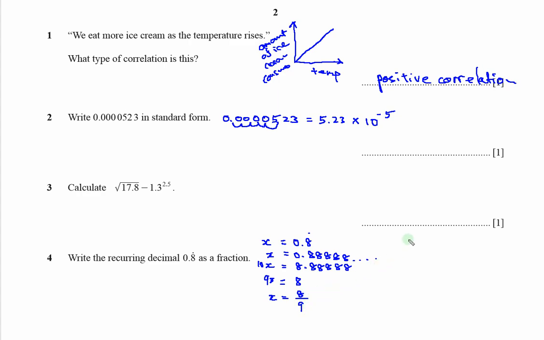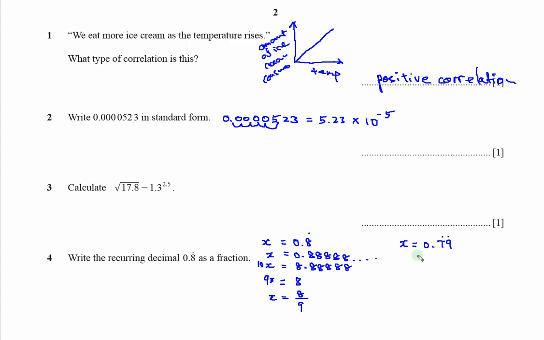Now for another example, not this example, this is just for the sake of demonstration. x is equal to 0.79 with dots. The first dot is the start of the cycle, the second dot is the end of the cycle.